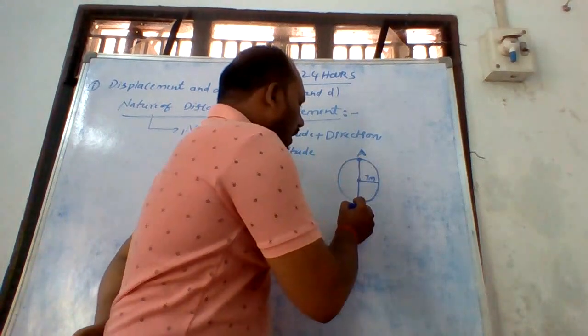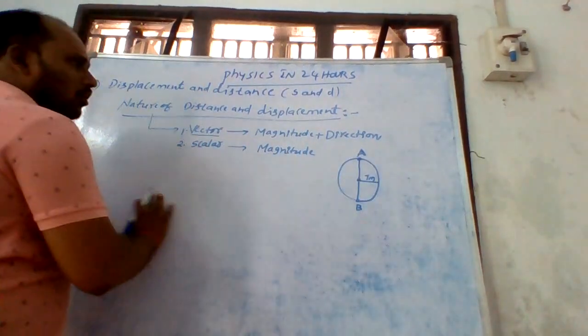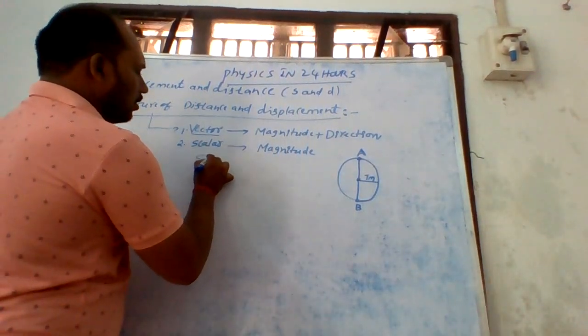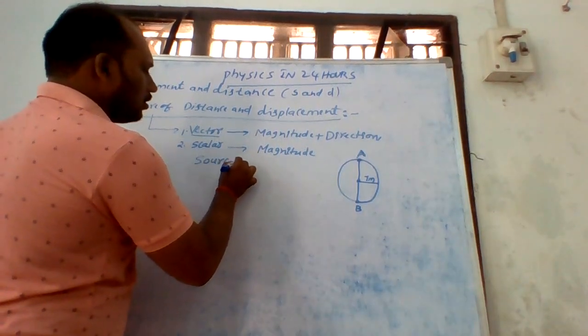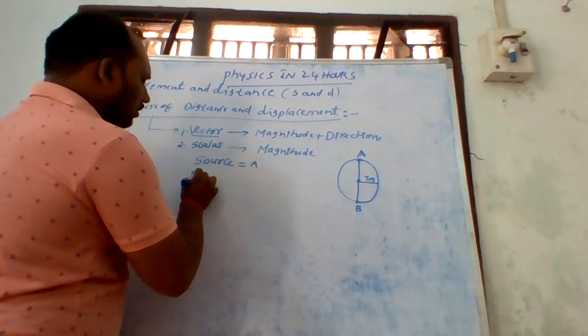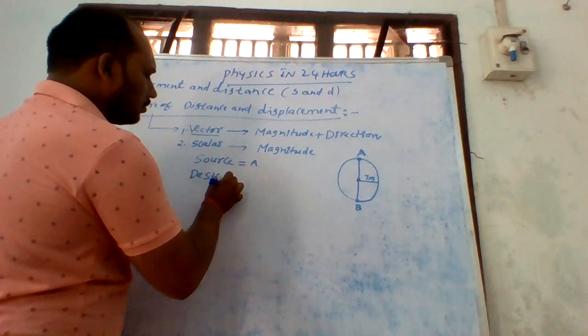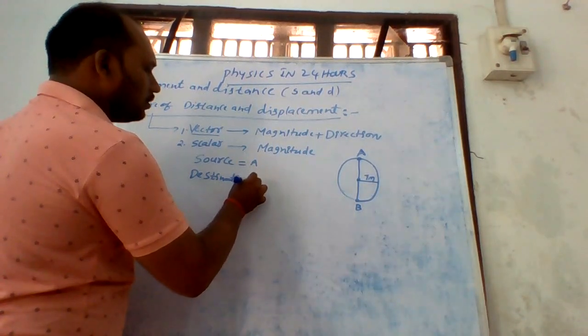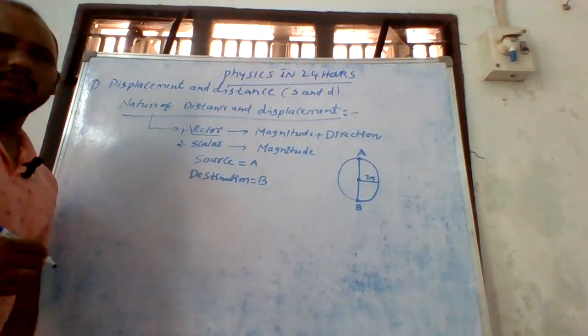See guys, my source is A and destination is B. What is the source here? A. And the destination? B. Keep in mind, that is very, very important.